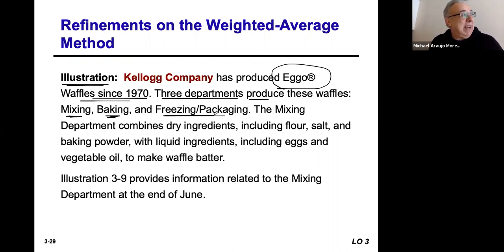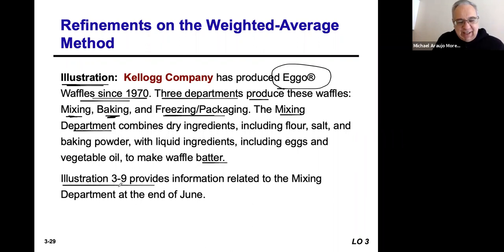The mixing department combines all those dry ingredients, flour, salt, baking powder, with the liquid ingredients like eggs and vegetable oil to make the batter. Okay, batter up.